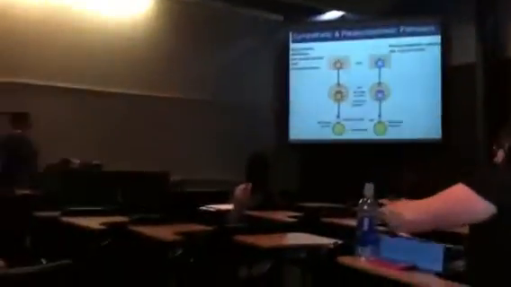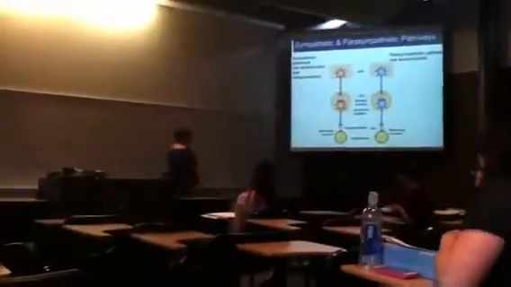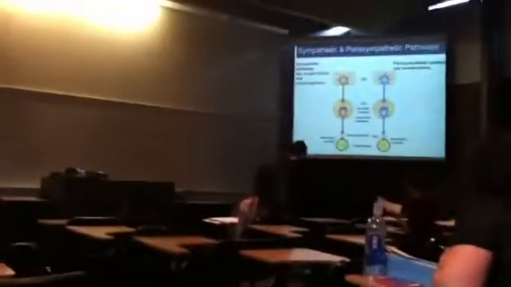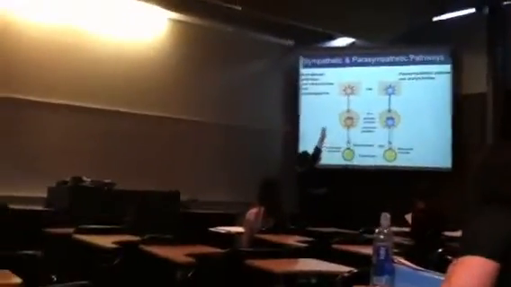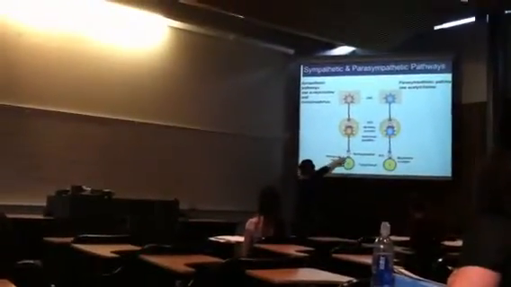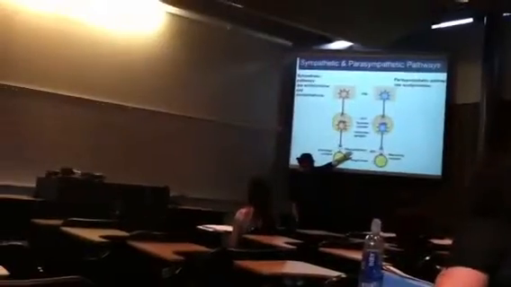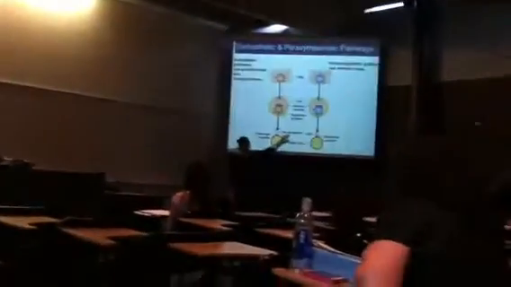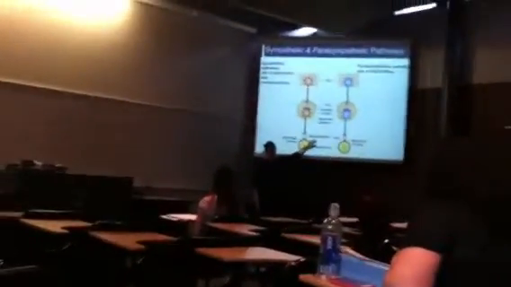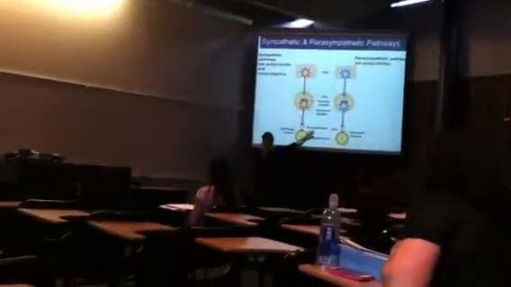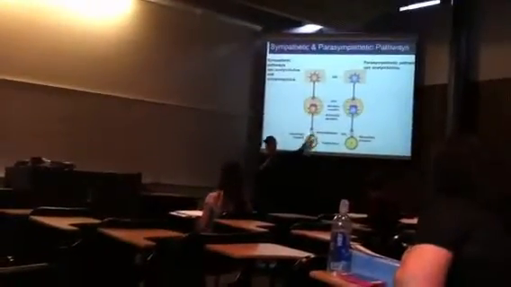Okay. So for sympathetic and parasympathetic nervous system, how do they work? You notice that for sympathetic nervous system, the predominant neurotransmitter is norepinephrine. You may have heard of this as noradrenaline.